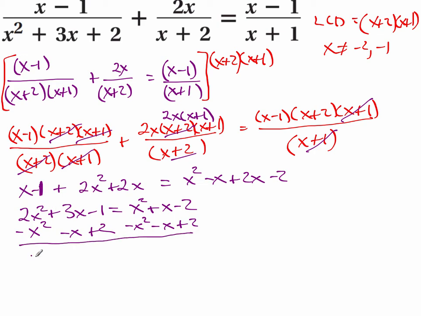And when I do that, I get x squared plus 2x plus 1 is equal to 0. All right. So this factors into (x plus 1) quantity squared. And where is this 0? Well, unfortunately, it's 0 when x is equal to negative 1.